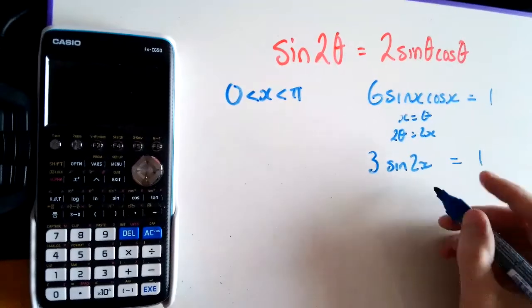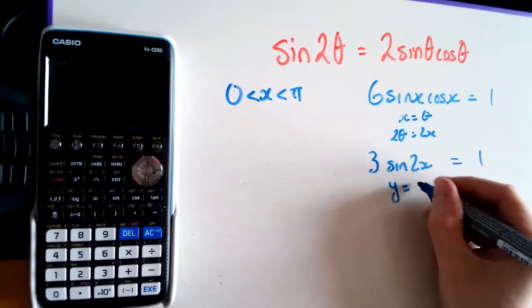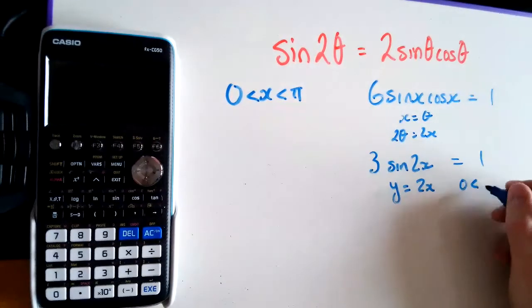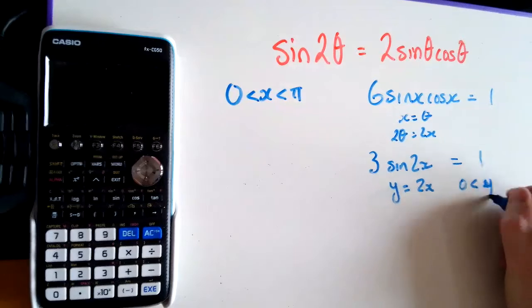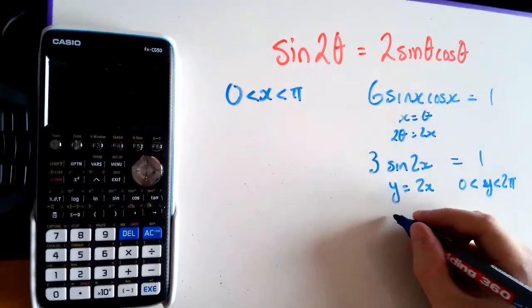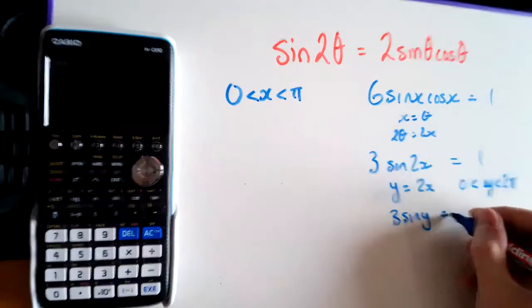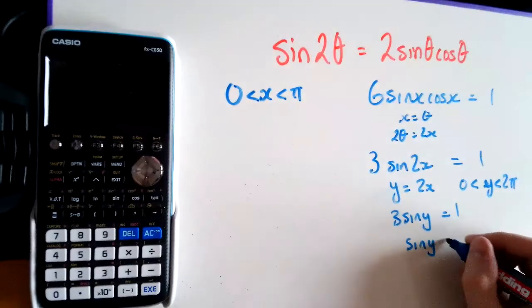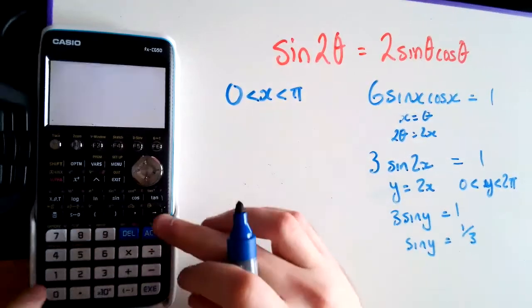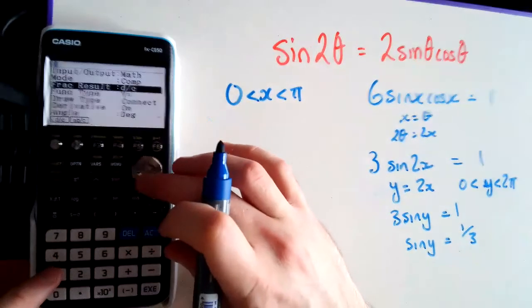So I would say 2x is y, so then it goes between 0 and 2 pi. So I have 3 sine y equals 1. Divide by 3 to get a third. And use a calculator, make sure it's in radians.